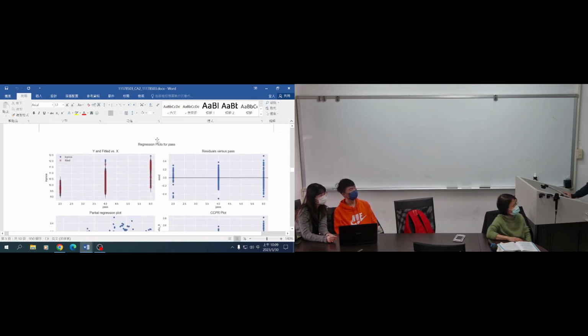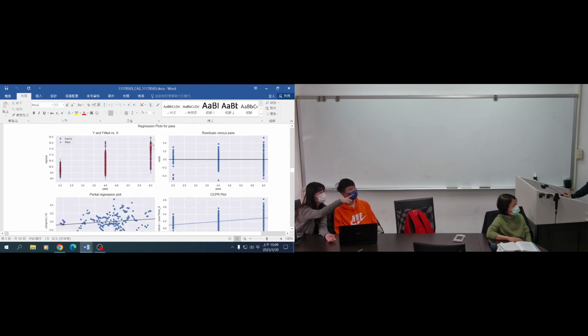With that, Professor, I used this other automatic plotting by Python. As you can see here, I'll just focus on the residuals versus pass. For 2.0 and 4.0, it's not very much seen here, but it's like an opening fan from 2.0 to 6.0.